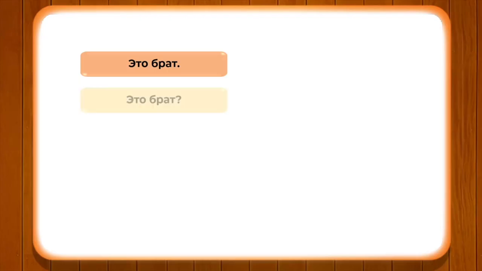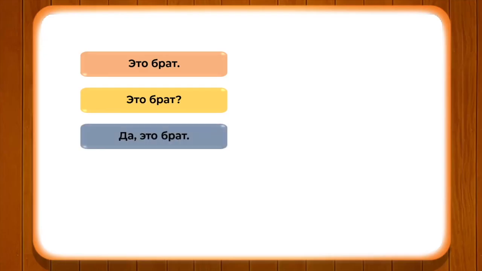Okay, let us go ahead and see them in the form of a sentence. A simple sentence: eta brat. Then we are asking, is this a brother? Eta brat? And then finally saying, yes, this is a brother. Da, eta brat. So, you can take all such words which we have done in the previous modules and change them into this format.